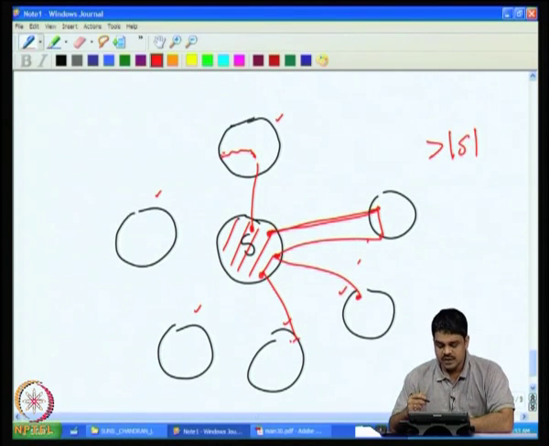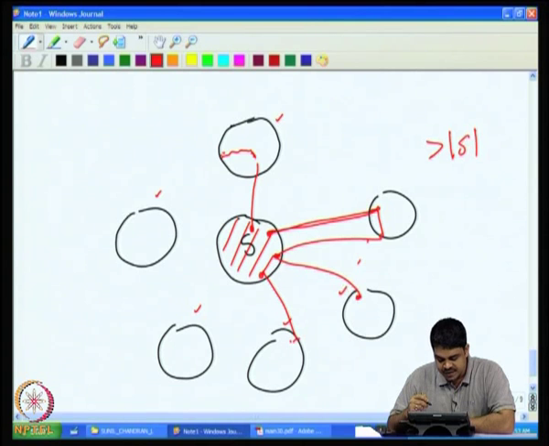Therefore, we need at least as many vertices as there are components. For instance, if there are more components than there are vertices, you will not even be able to enter a component without revisiting a vertex of S. That is an obvious thing. In fact, the number of vertices in S has to be at least as much as the number of components, otherwise you cannot have a Hamiltonian cycle, right. It is very clear.